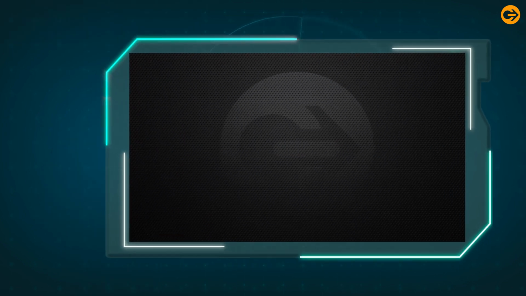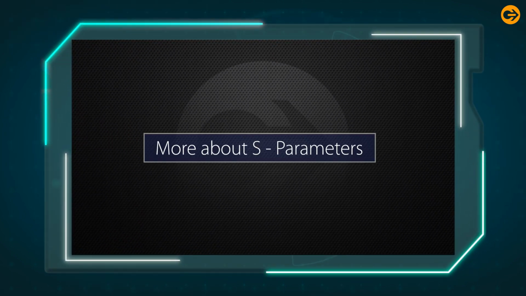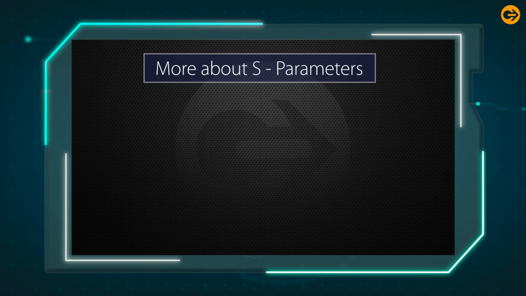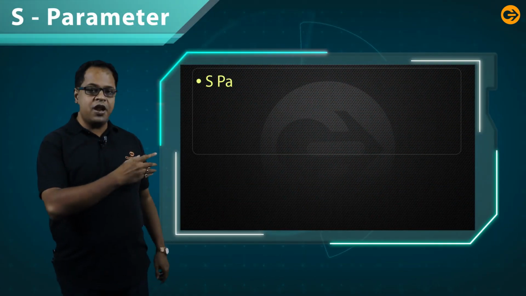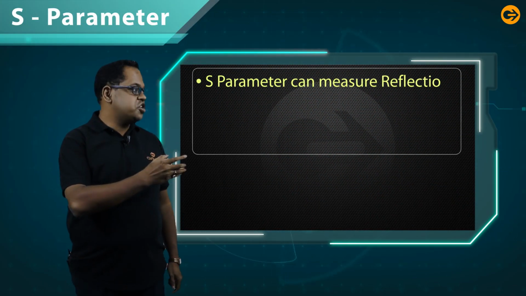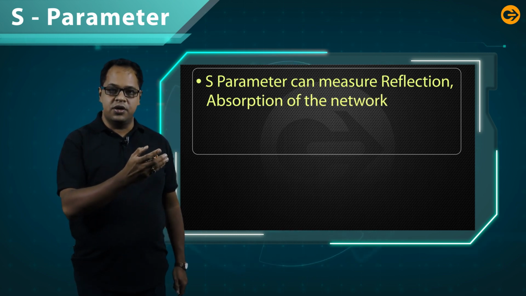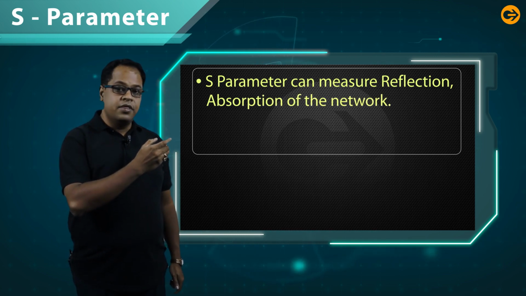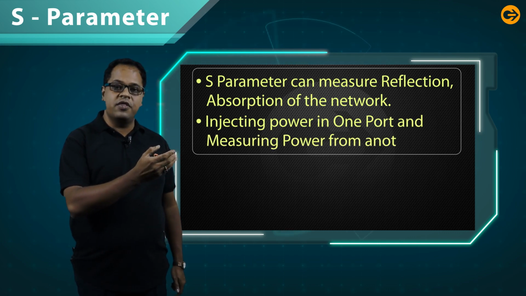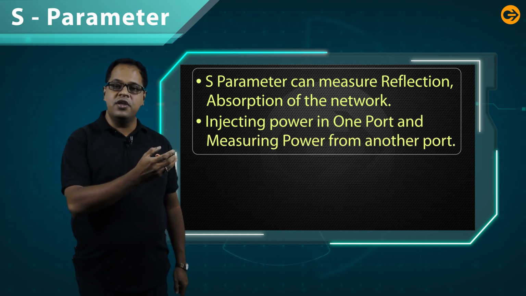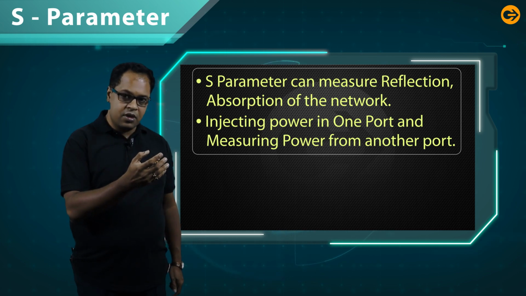Now, you can also implement this S parameter using the Smith chart. You are familiar with the Smith chart from your EM theory course. This S parameter can measure reflection and absorption of the network. Also, injecting power in one port and measuring power from another port can be done using this S parameter.